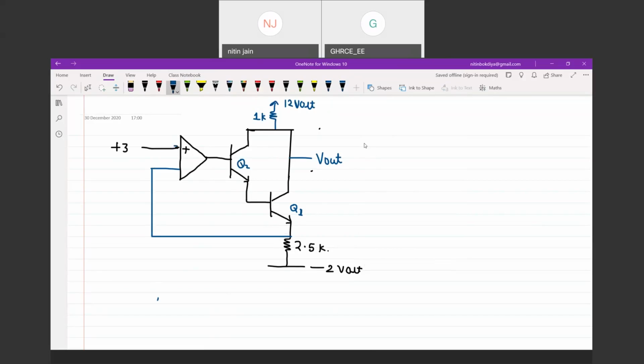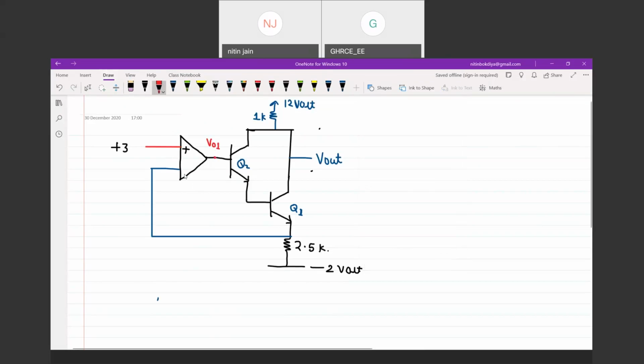What is the V output for Q1? And beta of the transistor is given, and the output of the op-amp is also required for the question. So the output of the op-amp is V output of 1. And this potential is 3 volt.